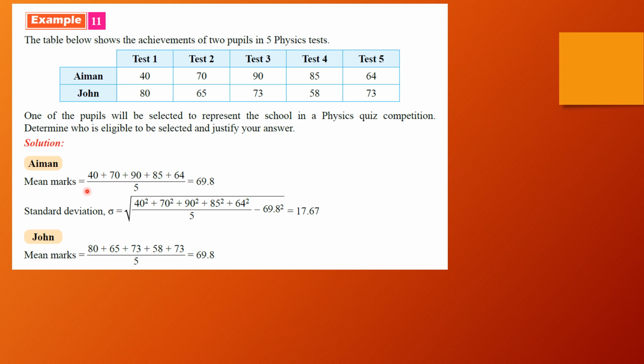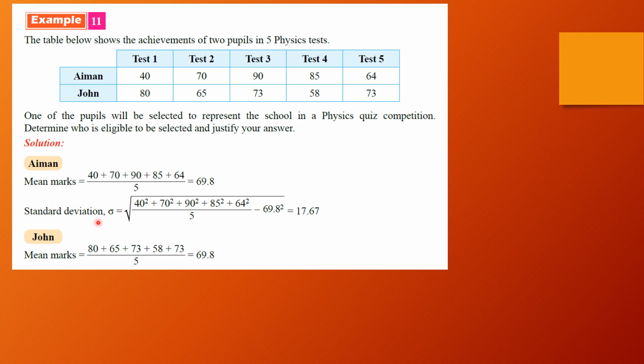So for Aiman, the mean mark, we add all the marks 40 plus 70 plus 90 plus 85 plus 64 divided by 5. So we get the mean mark is 69.8.